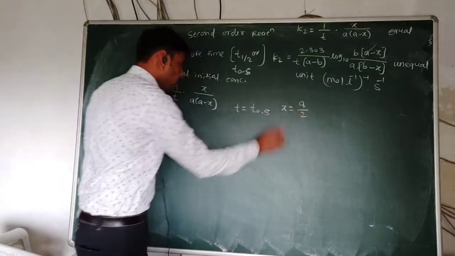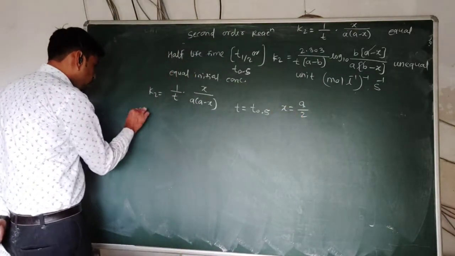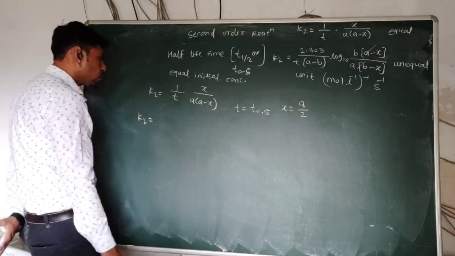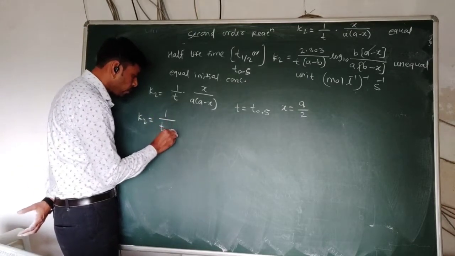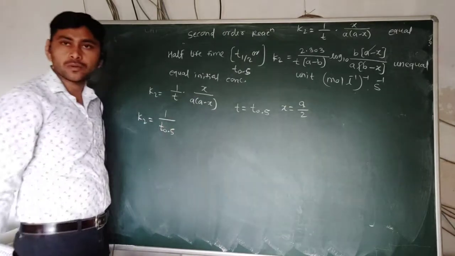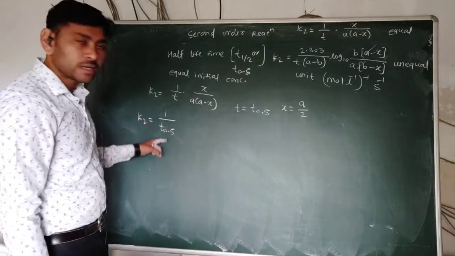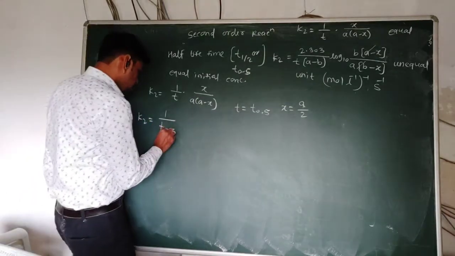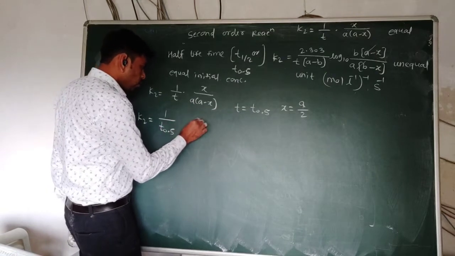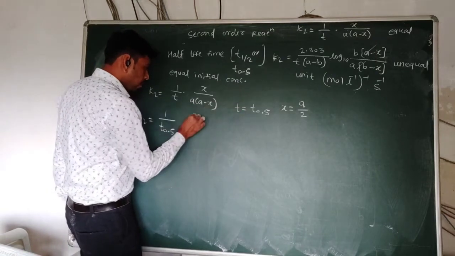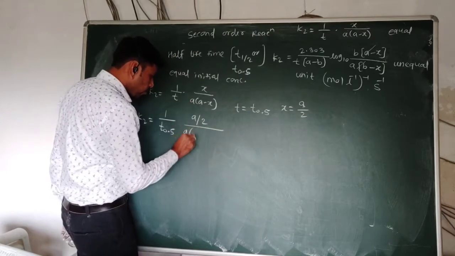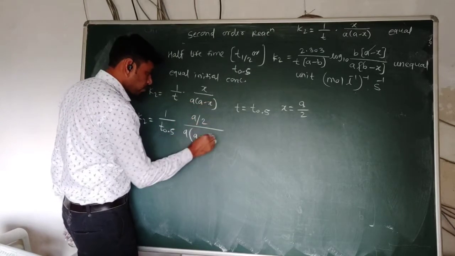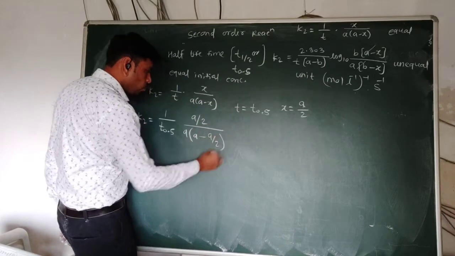Now by substituting this value we get K2 equal to 1 upon T.5, then x is equal to a by 2, divided by a into (a minus x). Value of x is a by 2.